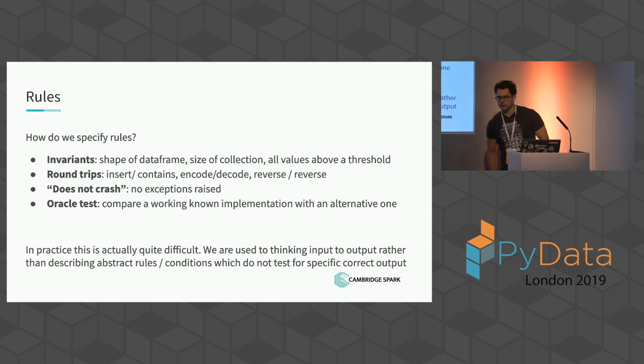So if you know that the result is going to have a specific shape, certain number of columns, for example, that's an invariant. That's something you know is not going to change. You're not testing the output, you're testing a property. Okay? The size of a collection. You're expecting a list to always be of size 3 when you pass it to a pre-processing function. You can test on that.